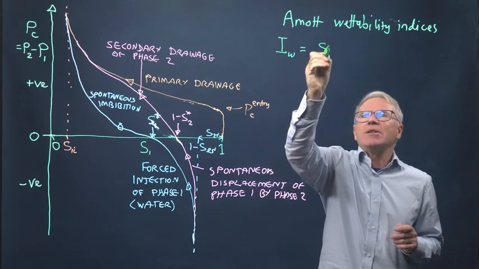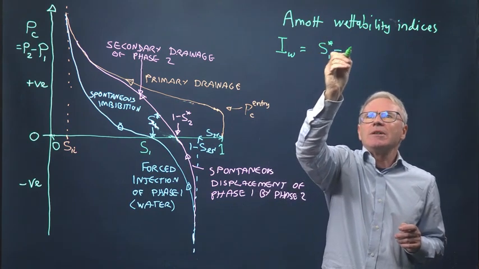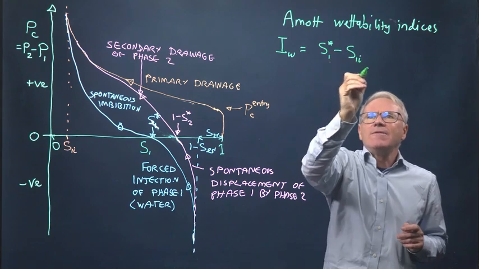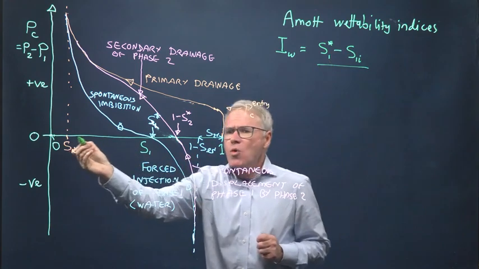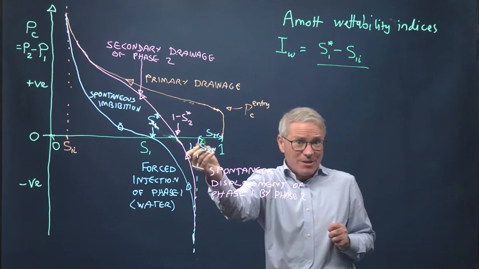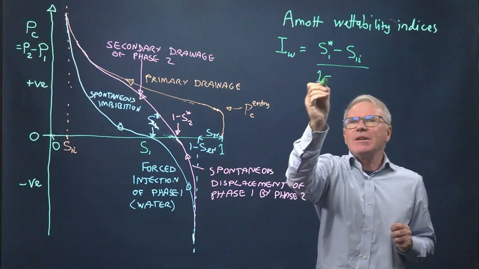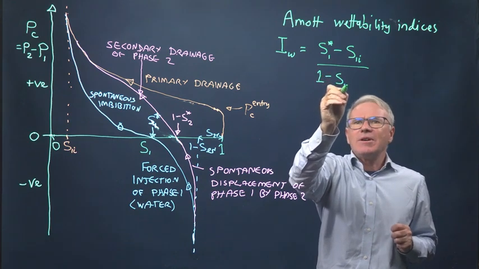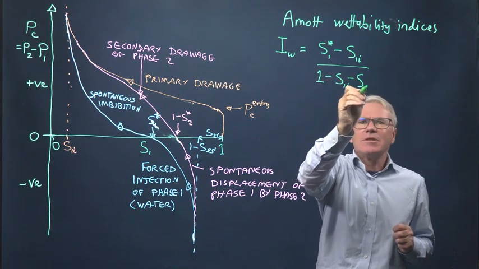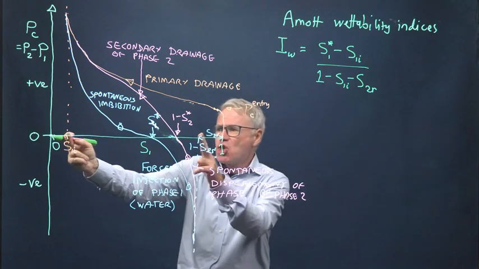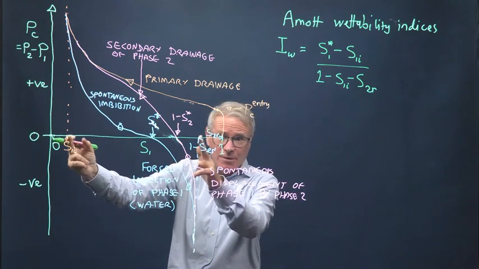So it's S1* minus S1I, divided by the total amount of displacement that we have, which is 1 minus S1I minus S2R, because this is the total amount of displacement.